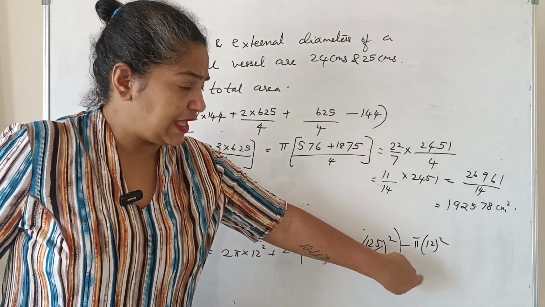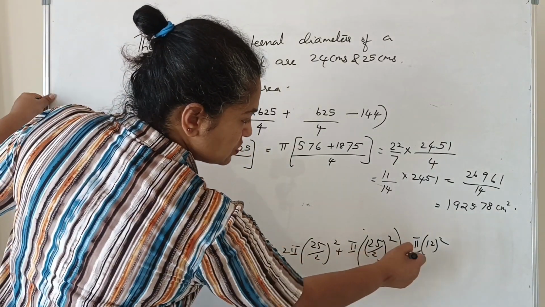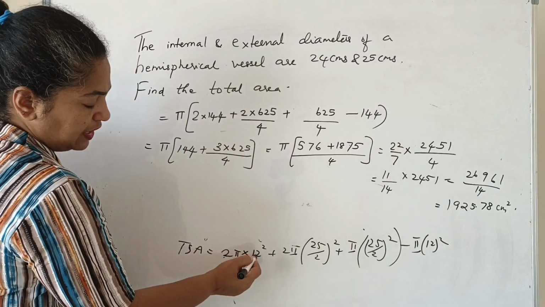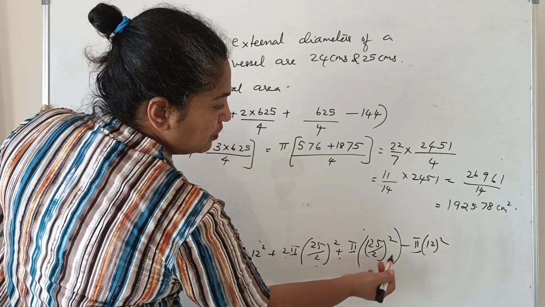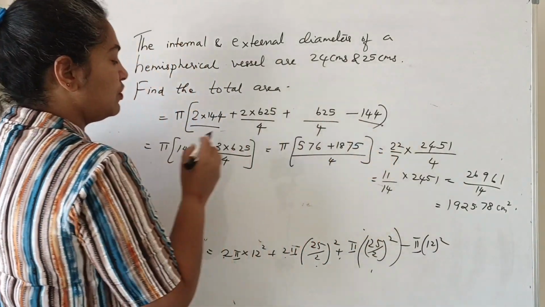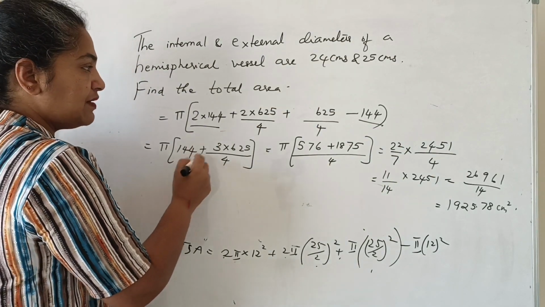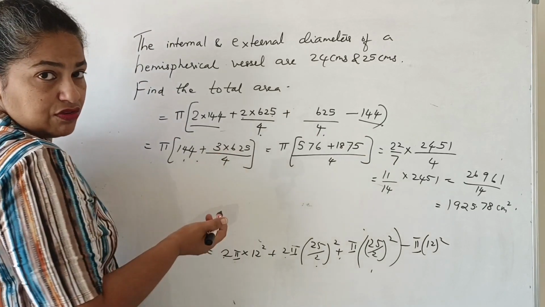So this calculation I have written over here. I have taken pi, which is a common factor, outside. I will get 2 into 144 plus 2 into 625 by 4 plus 625 by 4 minus 144. So 2 into 144 minus 144 is 144, plus 2 into 625 by 4 and 625 by 4 is 3 into 625 by 4.